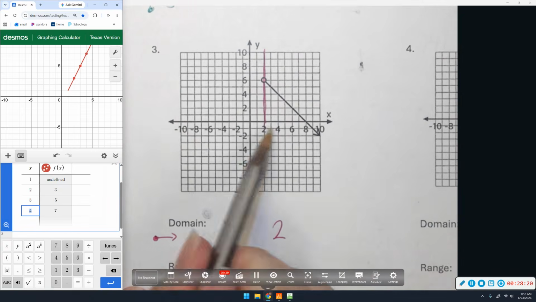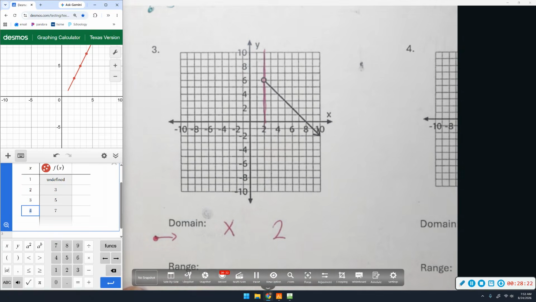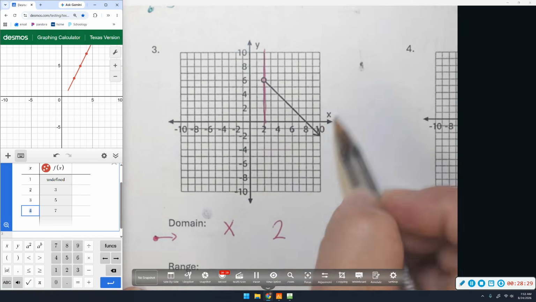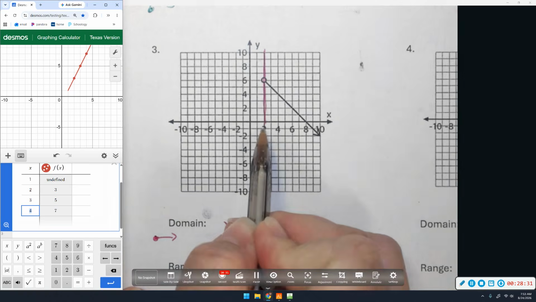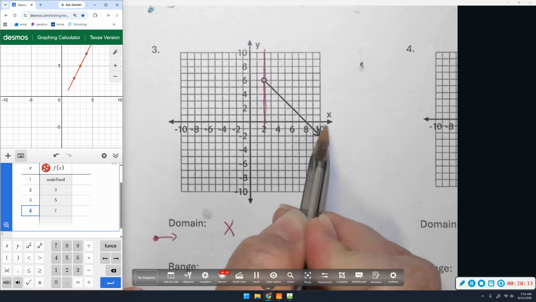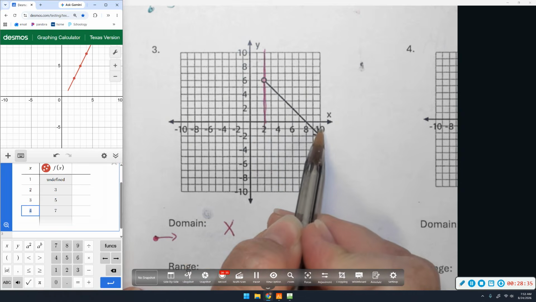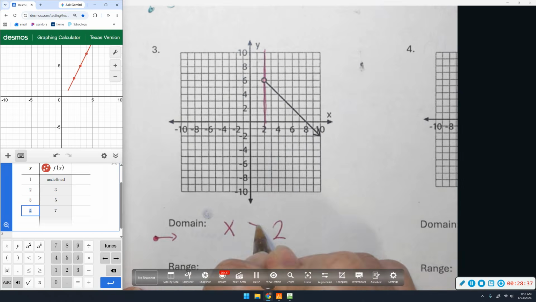Is it going towards my bigger x values or my smaller x values? Look at the x-axis. Starts at 2, and then it goes to the right. Those are bigger x numbers, right? So this is x is greater than 2. Does it get an equal to? No, because it's an open dot. Good job.